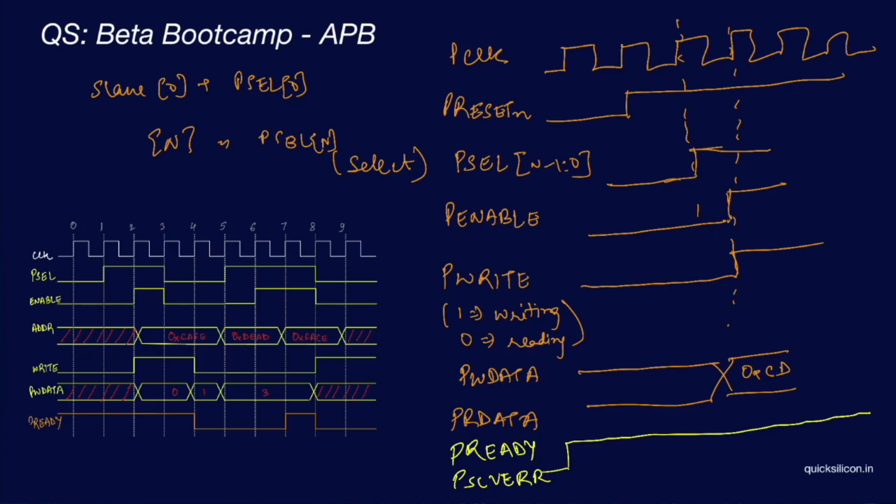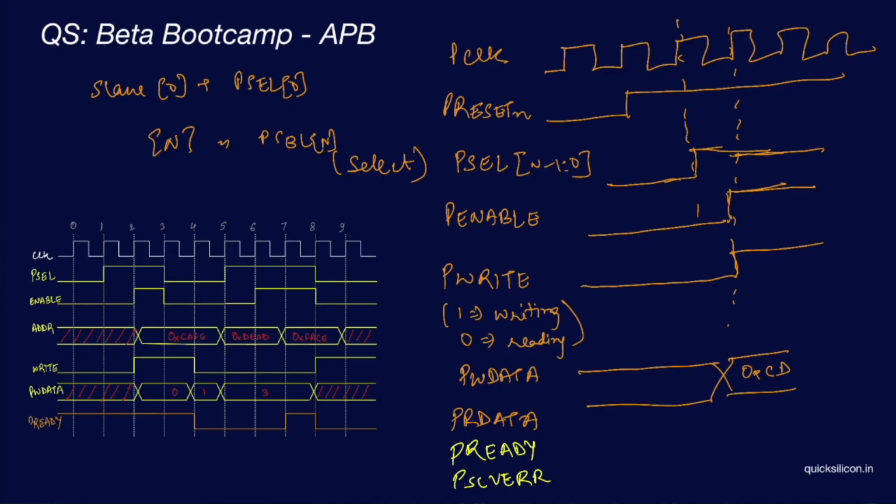Now let's talk about what happens when both p-sel and p-enable are held high. Like I mentioned, it is a non-pipeline protocol, and once the transaction starts, both your data and control signals need to remain stable. So let's assume that you do not get a p ready, and since you are not getting a p ready, you would keep your p sel, p enable, p write data, and p read data stable.